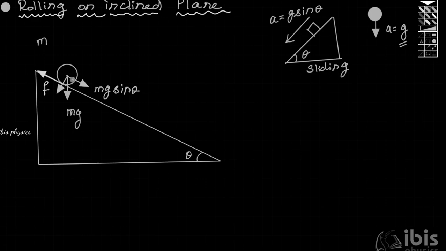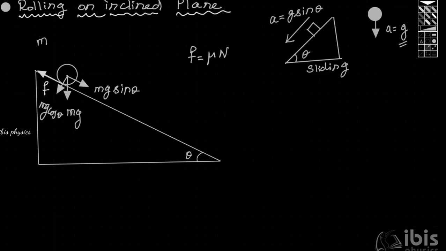Now you see one force is acting along the downward direction, which is mg sine theta. The other force, the frictional force F, will act in the opposite direction. If this is theta, this is mg sine theta, and this is mg cos theta.